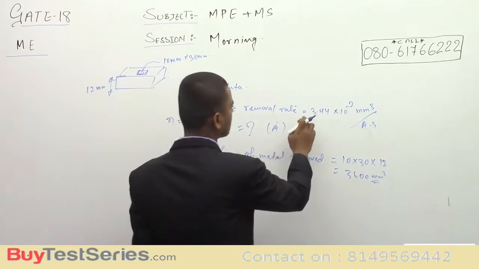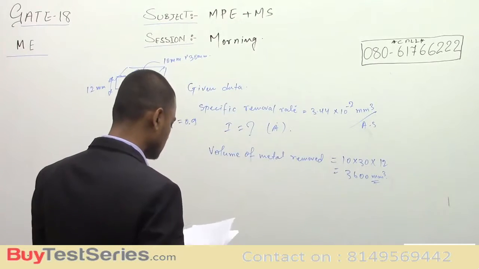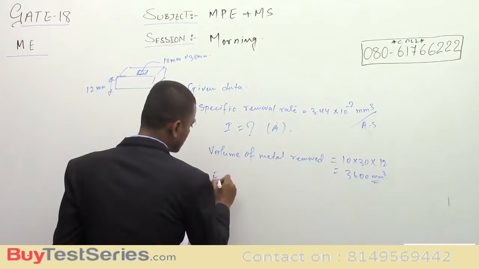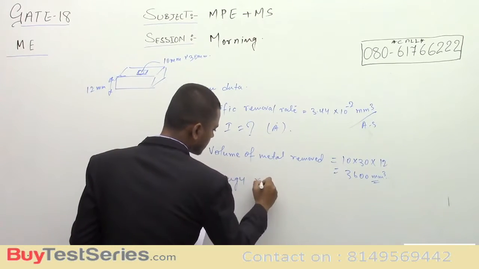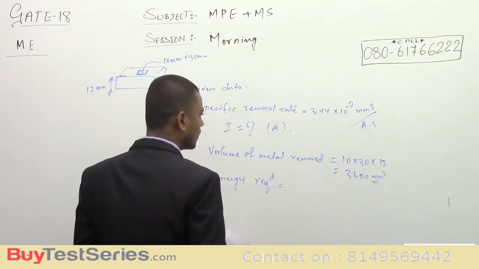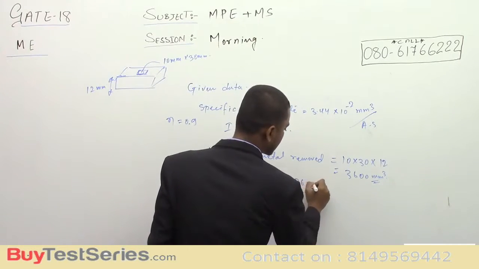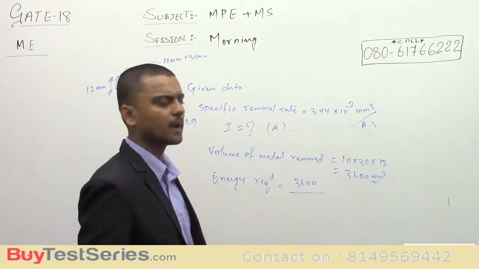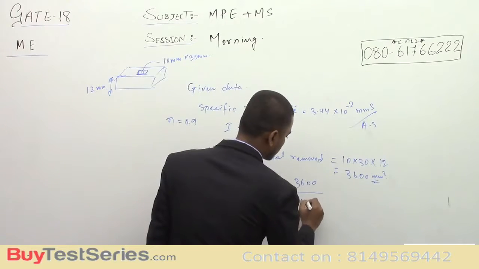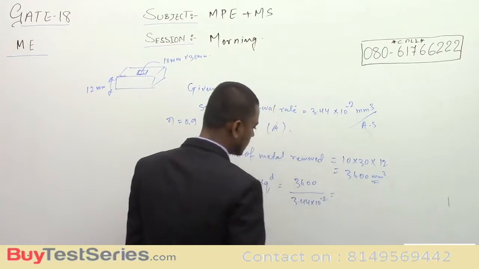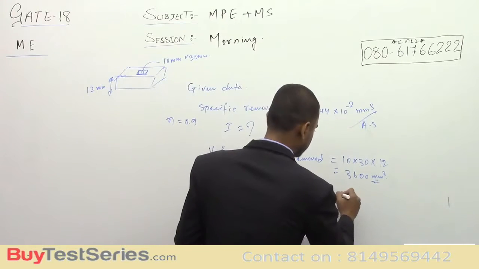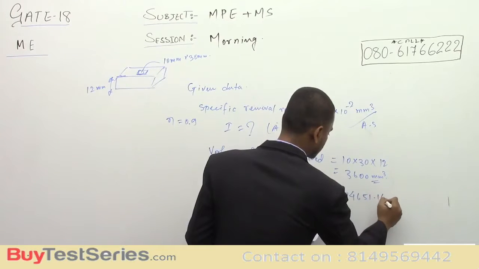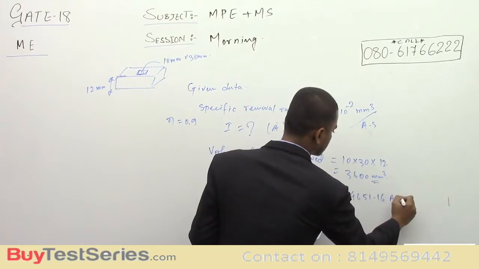Now we have this specific removal rate. So the energy required will be this 3600 upon this specific removal rate, which is equal to 3.44 into 10 to the power minus 2, which will be equal to 104651.16 ampere second.